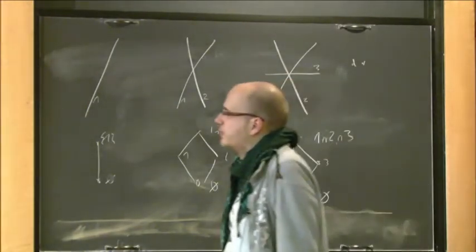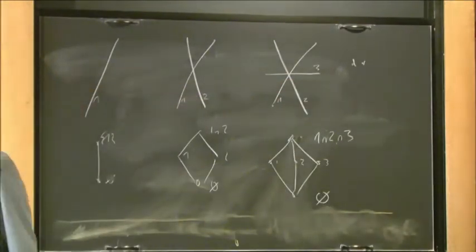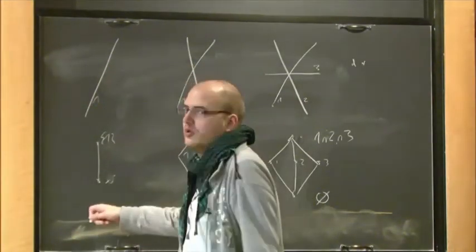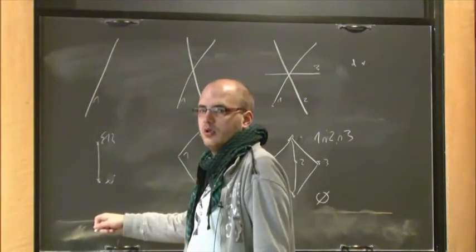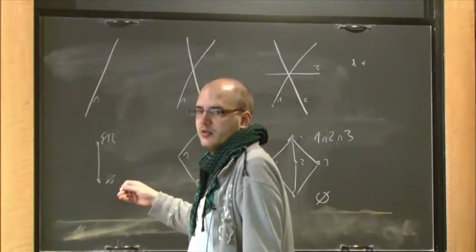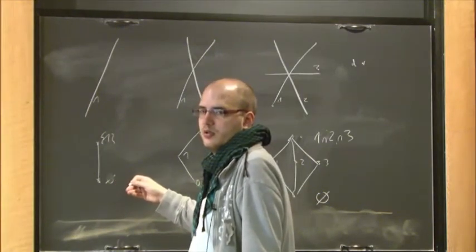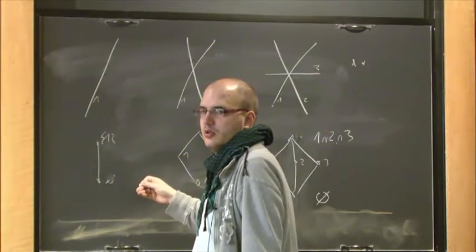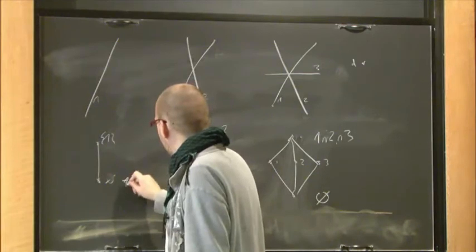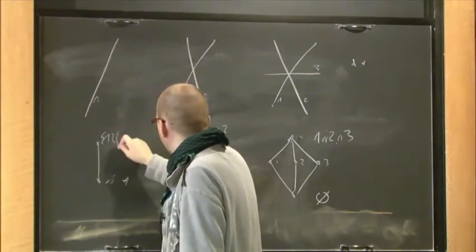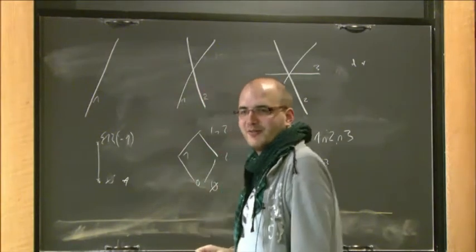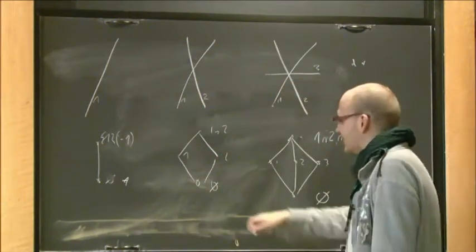So let's just compute for these examples the characteristic polynomial. So what is it here? Let's first find out what the Möbius function is. 1, and then minus 1.